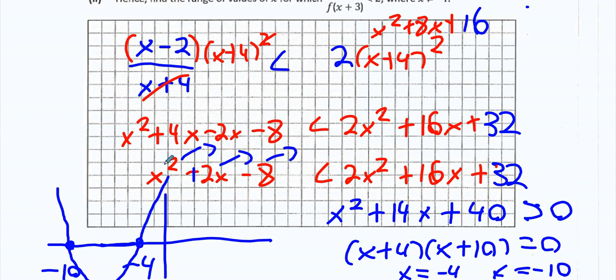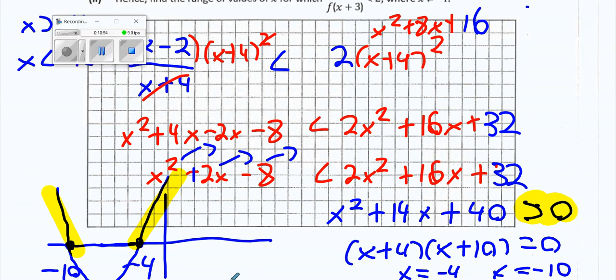And what am I looking for, to be above or below? Want to be above, don't I? So see that sign? That means I want to be above the x-axis. So what two regions are these? x bigger than minus 4 and x less than minus 10. All right, guys. Is that the end of that question?